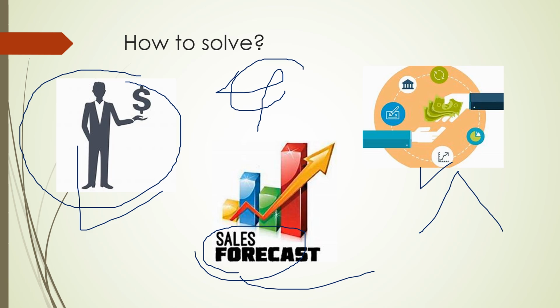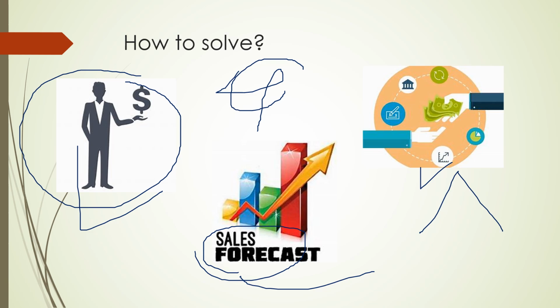Try to find out the highlight points given in the case study. Now it is very clear that he is studying the availability of funds, or he is trying to forecast the sales for the coming 4 years.